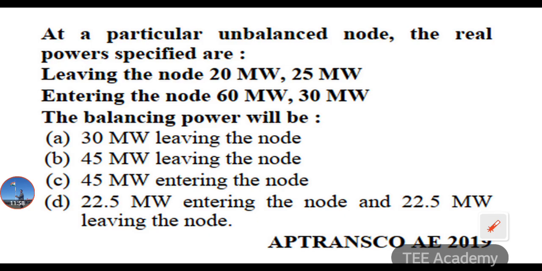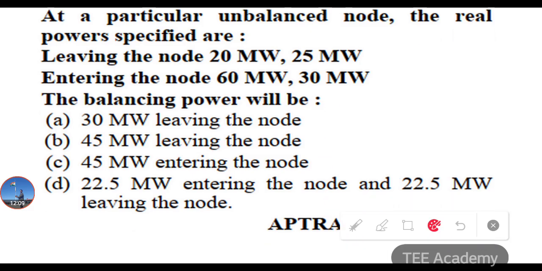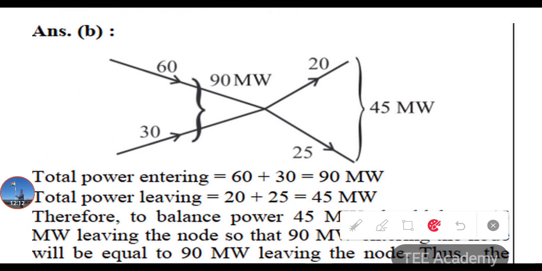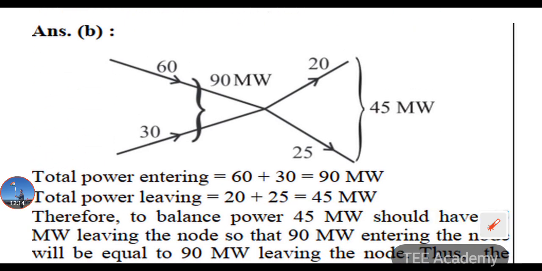So we can eliminate option D here. Why? Because 45 is leaving, 90 is entering. So what about the remaining 45? Okay, so I will show you the answer here. See here, 60 megawatts and 30 megawatts combined are entering at 90 megawatts. 20 plus 25, so 45 megawatts are leaving. So the balance power, 45 megawatts, should be how much? 45 megawatts leaving the node.